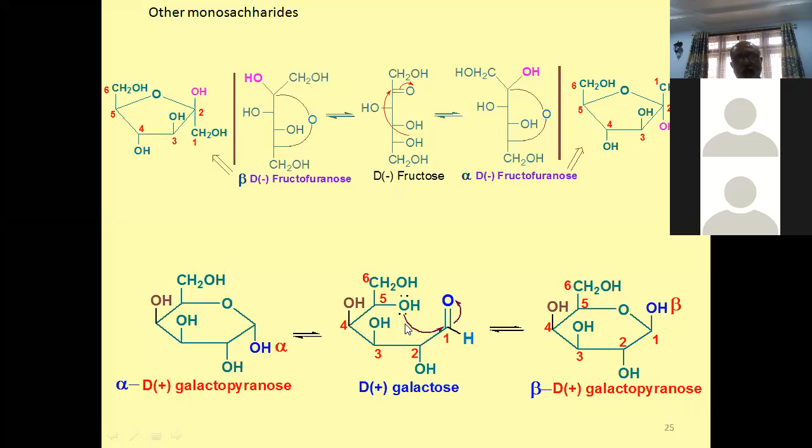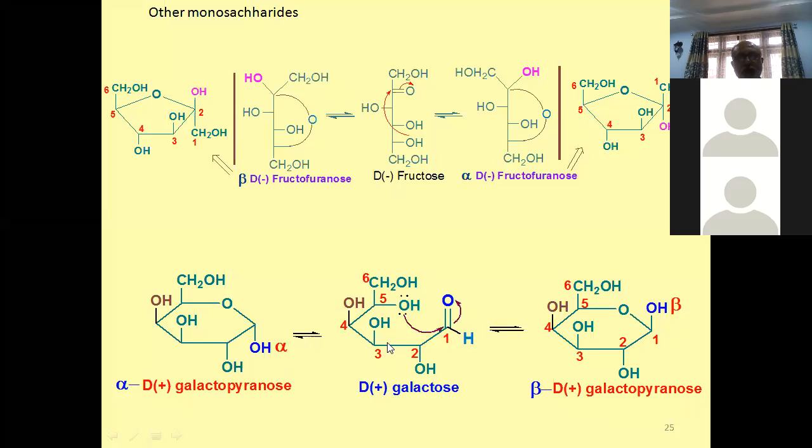In the same way, the C5 OH group will interact here and form this anomeric OH group. Now this new anomeric OH group can be on the top or at the bottom. When it is on the top, that is your beta. When it is down, it is alpha, just like glucose, and the rest of the carbon OH groups too.